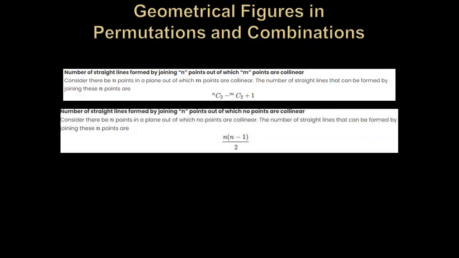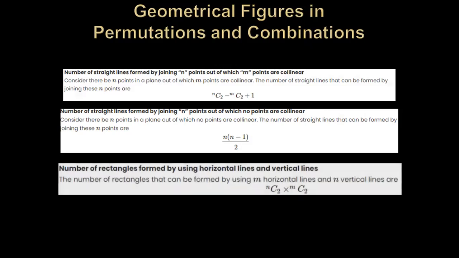The number of straight lines formed by joining n points out of which no points are collinear is n multiplied with n minus 1 all over 2.